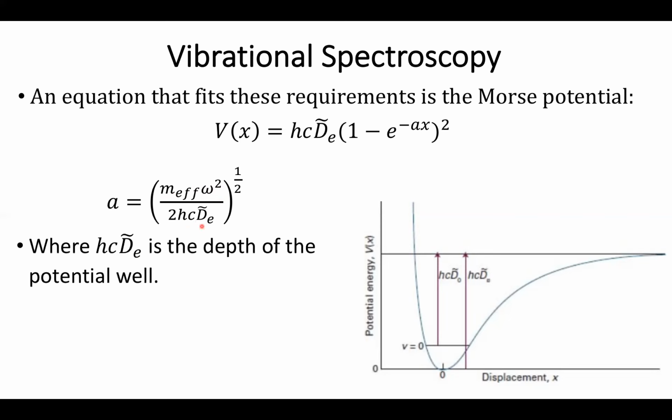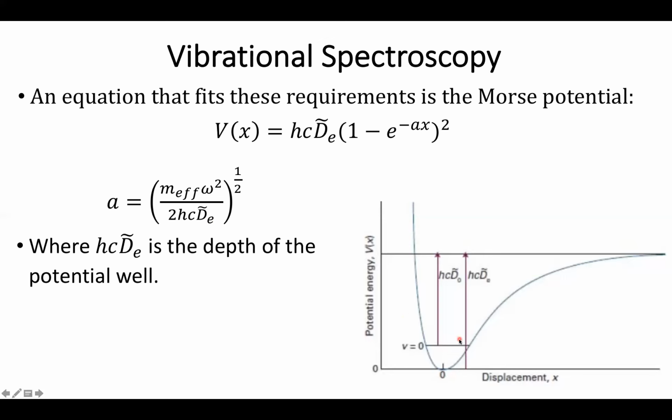Now, what this D_e term is going to be telling us a lot about is the depth of our potential well. So as a result, this is called the electronic dissociation energy or wave number, or a more general Morse constant.